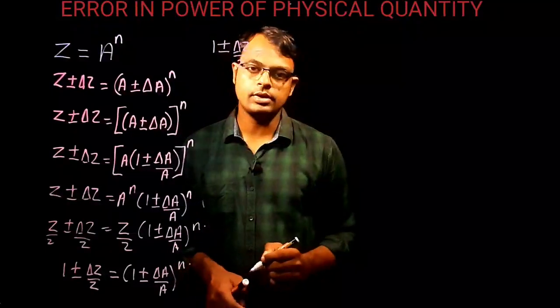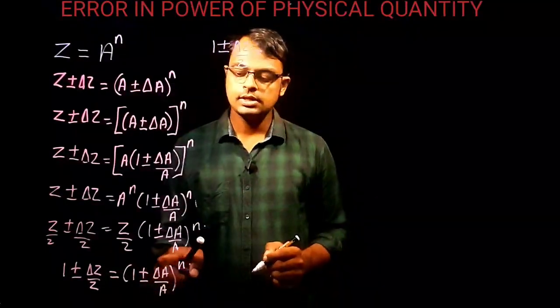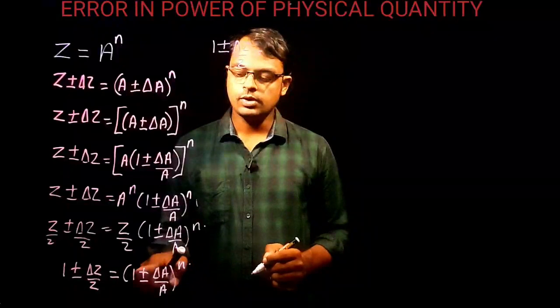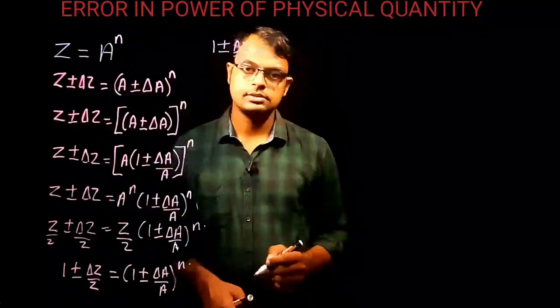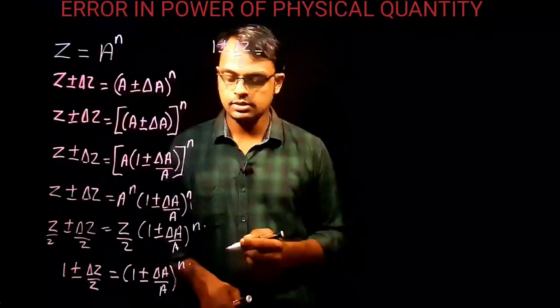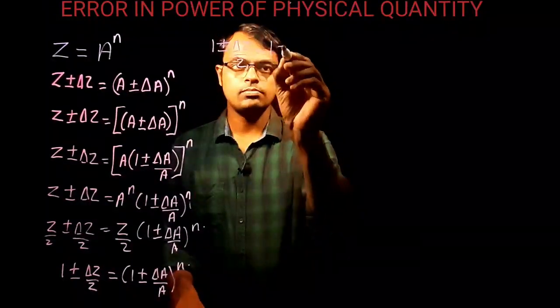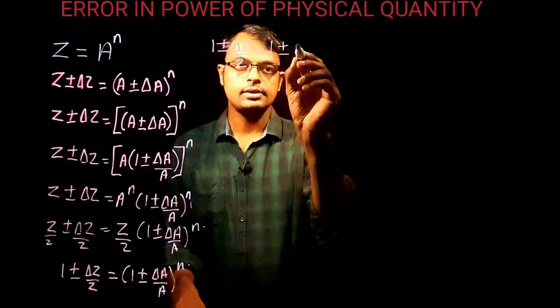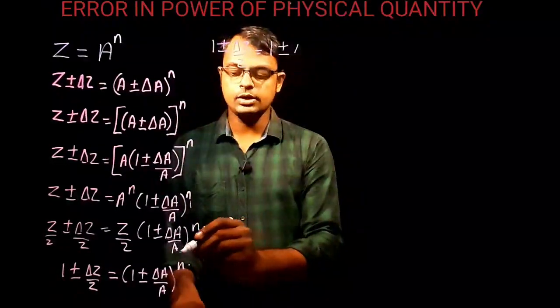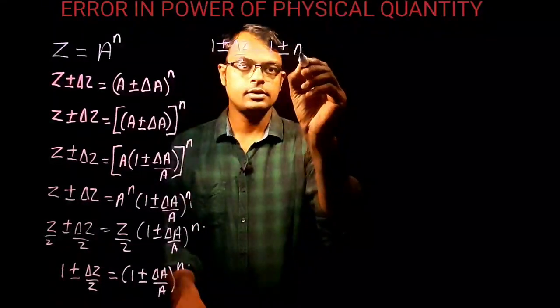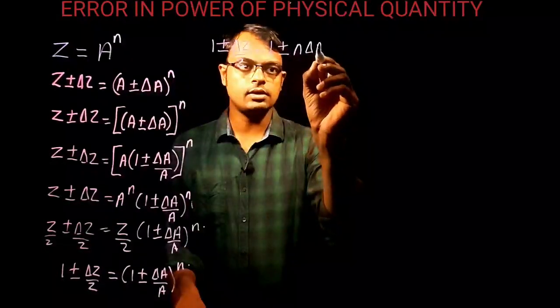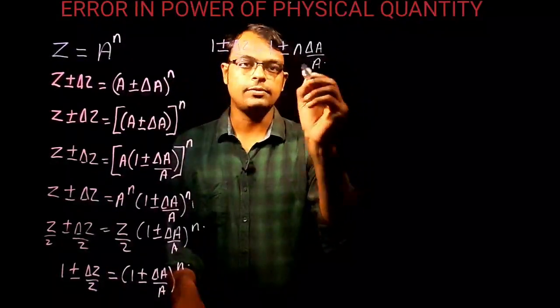What is the binomial theorem we have discussed? 1 plus or minus x to the power n becomes 1 plus or minus nx. That is the equation we have discussed already in the last lesson. So you can write this equation as 1 plus or minus delta a by a into n, that is, n into delta a divided by a.